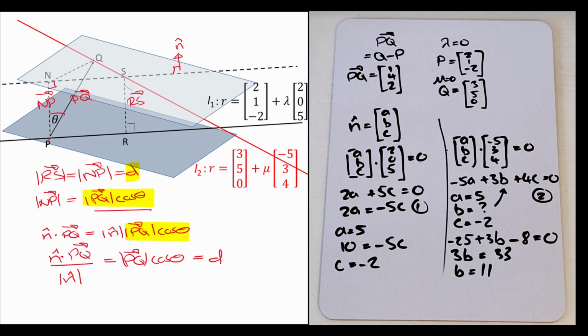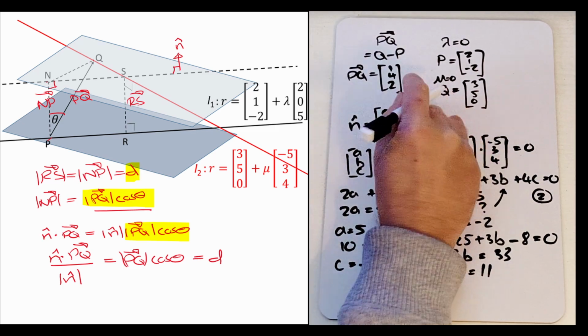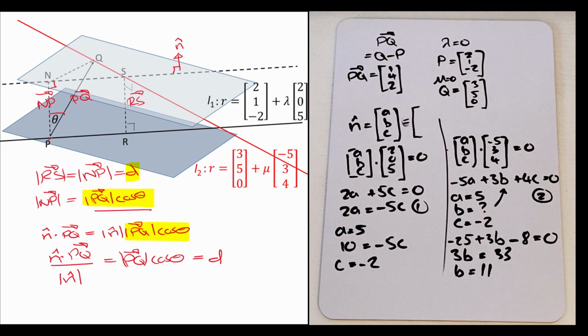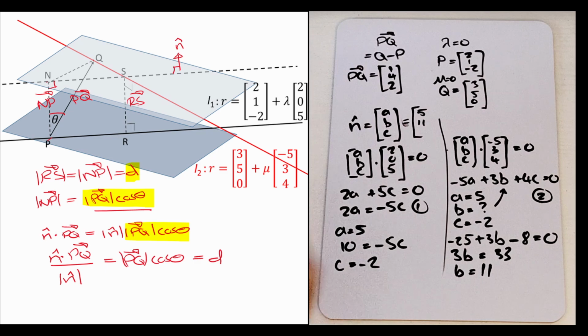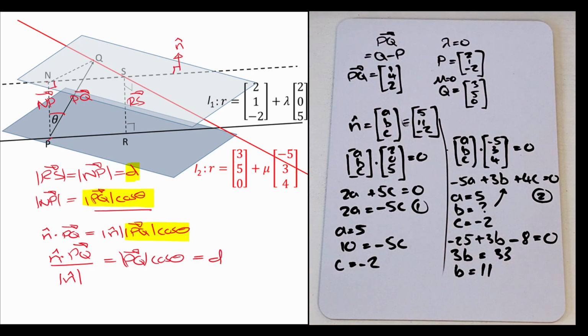So we can now get our normal vector: our values of a, b, and c are equal to 5, 11, and -2. So that's our second piece of the puzzle, and we can now plug things into our relationship to work out our value of d, the distance between the two skew lines.